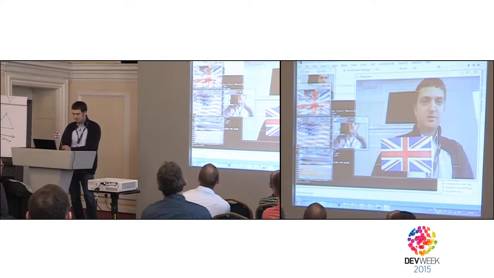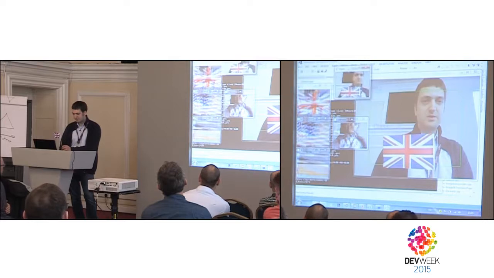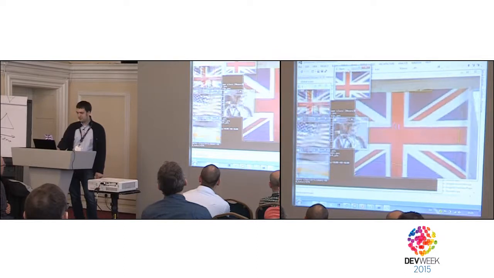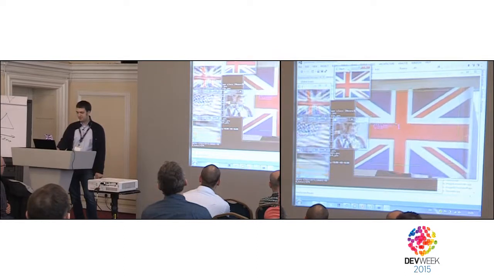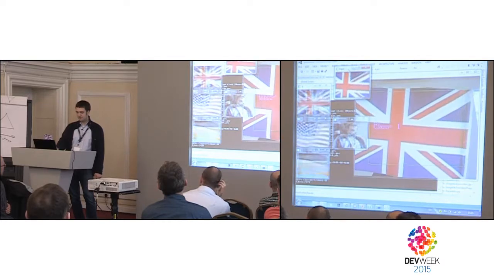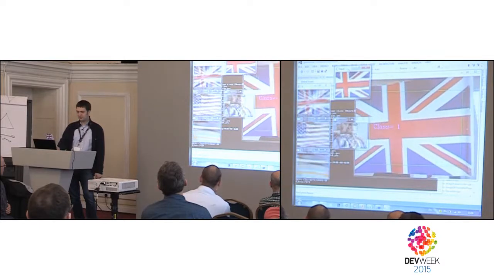This is the autoencoder for class number 1, for class number 2, for class number 3. And this is the input image. So you see when I show the system the British flag, the best reconstruction is done by the first autoencoder. It represents the British flag most closely to the input image.